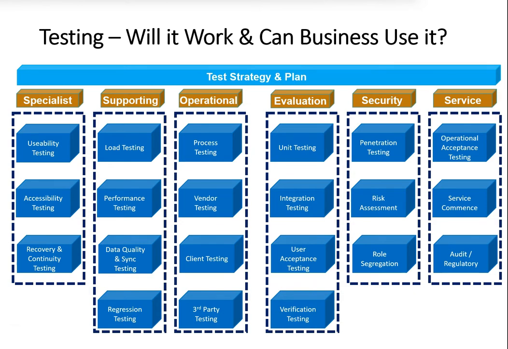The testing shown does not distinguish between people, process, data, and operations and services because the testing applies to them as well as combined. Please pause to read the screen and download the image from the comments.